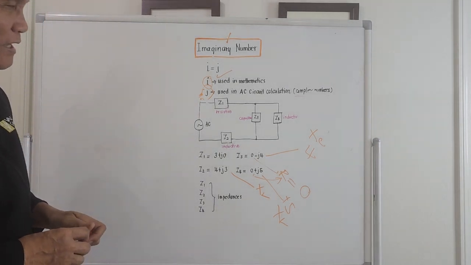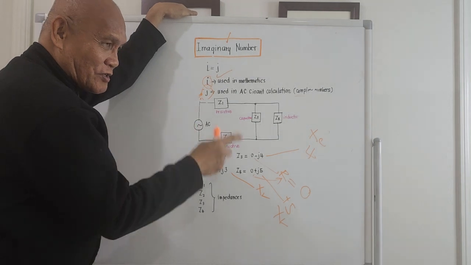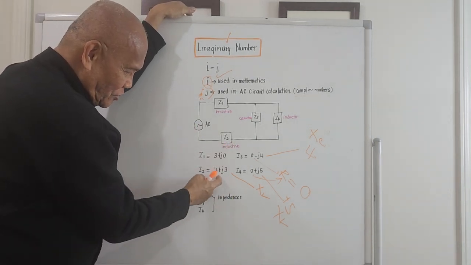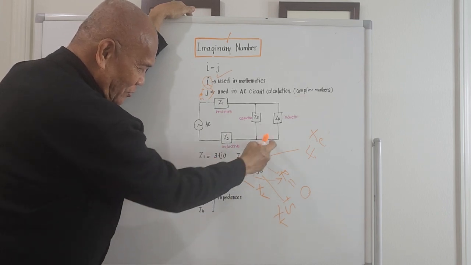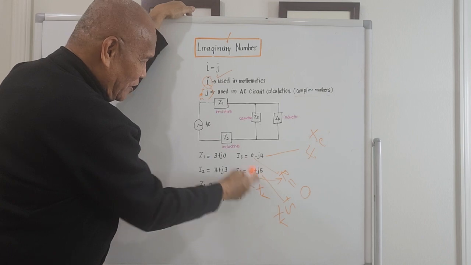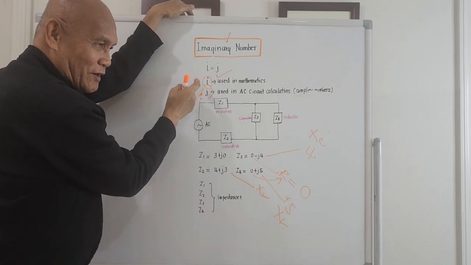For all the impedance representations, the J sign is present: plus J0, plus J3, minus J4, plus J5. And this J came from this letter I.